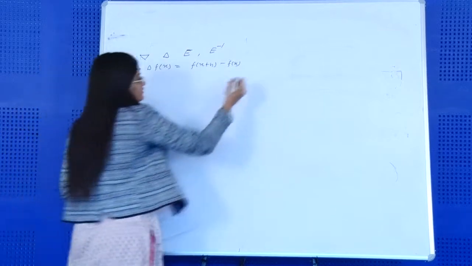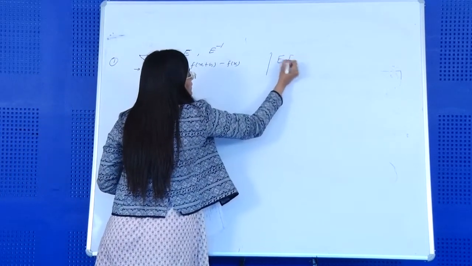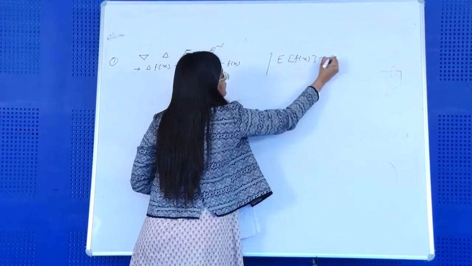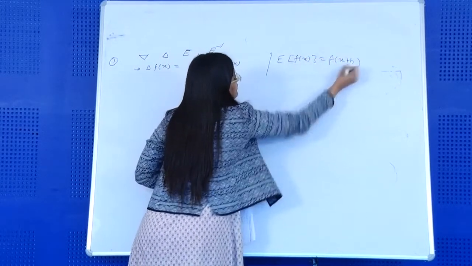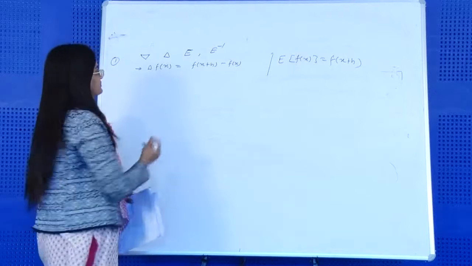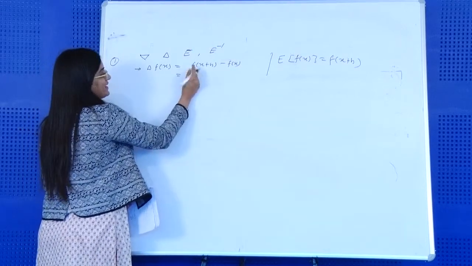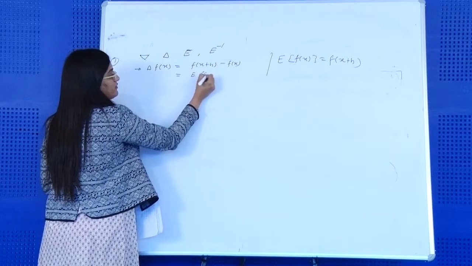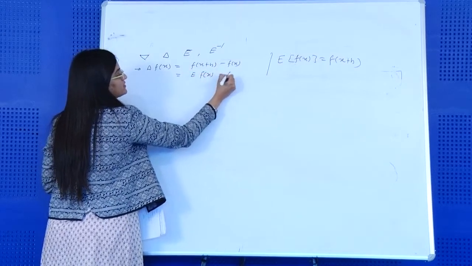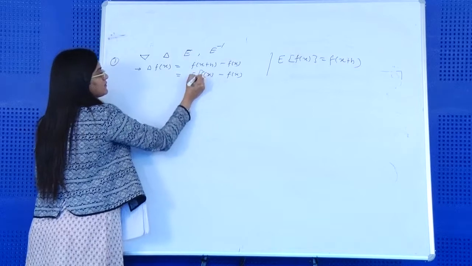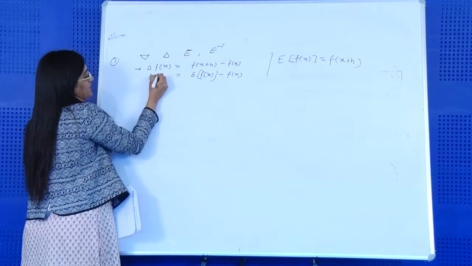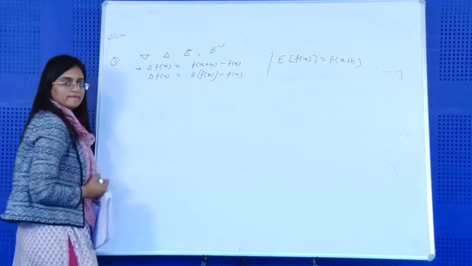And we all know that the shift operator E on f of x gives the first increment, f of x plus h. So I can write this f of x plus h as E of f of x, minus f of x. On the left hand side I have delta of f of x.